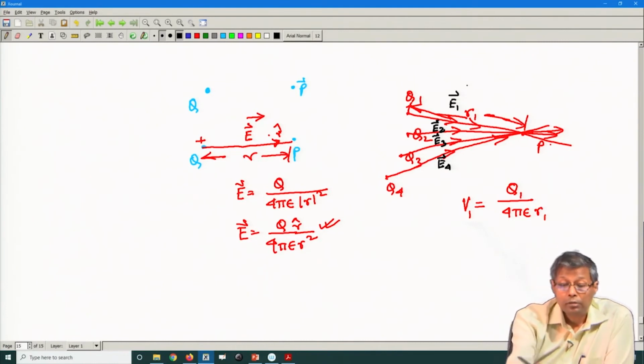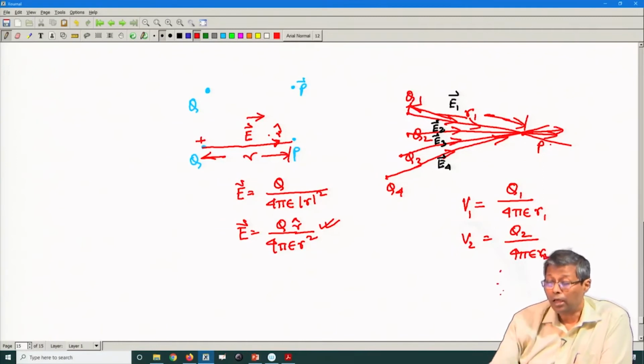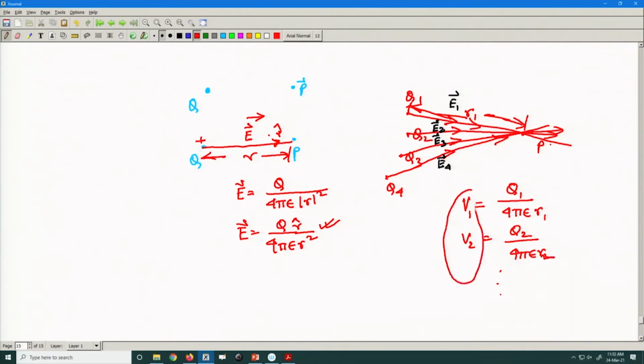Similarly, we calculate the potential V2 as Q2 by 4 pi epsilon R2 and so on due to the other charges. And then we perform the summation of this, which is a scalar summation, because these potentials are scalar quantities.